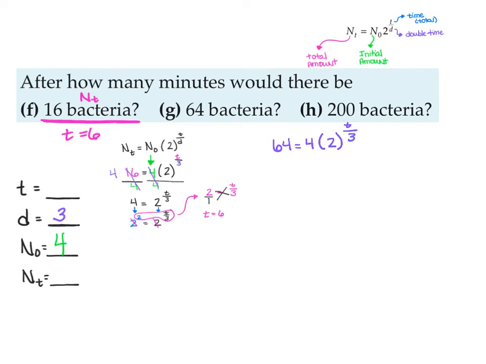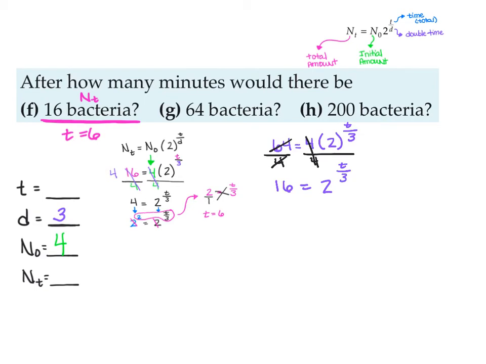So again, you're going to do the same thing as before. You're going to divide both sides by that 4 out in front of the 2. So divide both sides by 4. 64 divided by 4 is 16. So we have 16 now equals 2 to the T over 3 power.